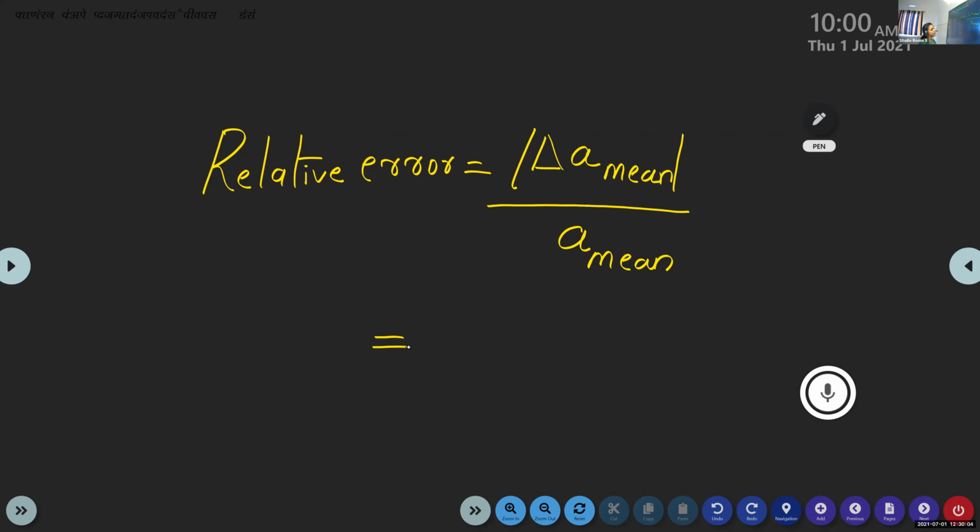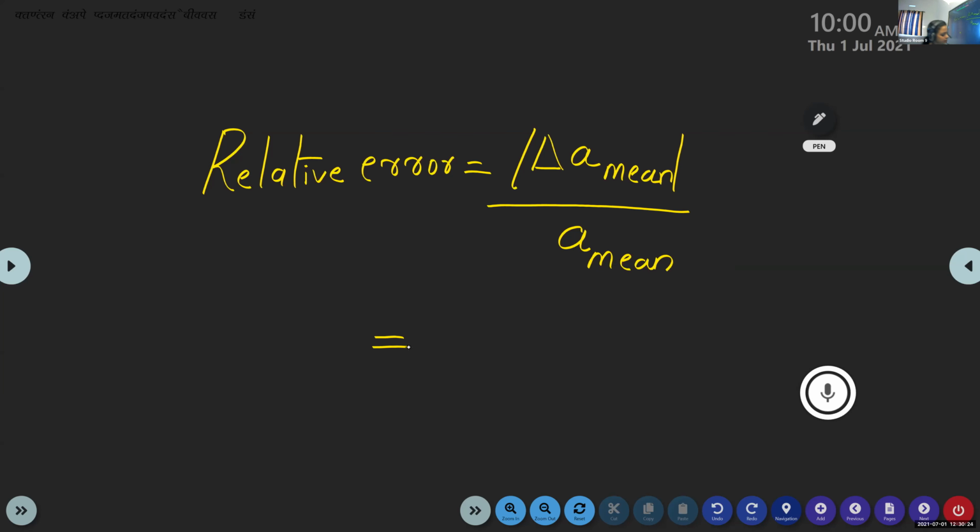What is mean absolute error? Delta A mean. What's the value of mean absolute error? The arithmetic mean of the magnitudes.